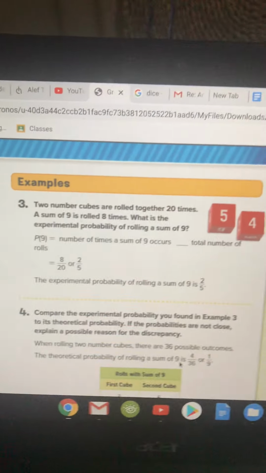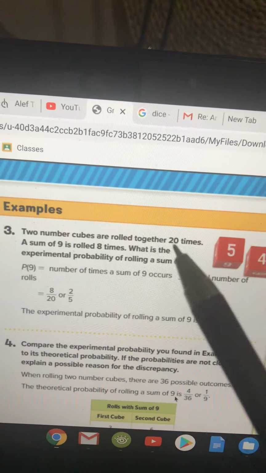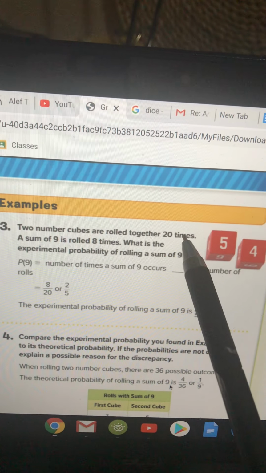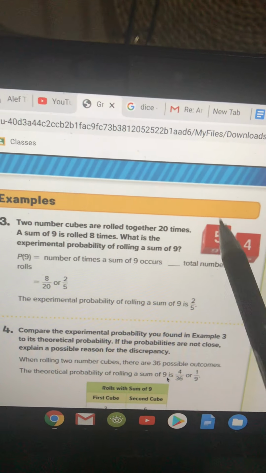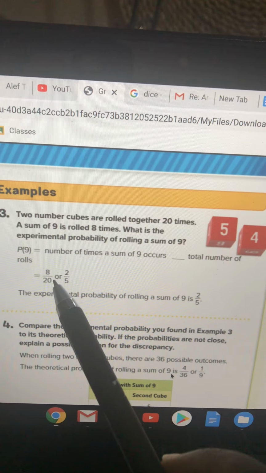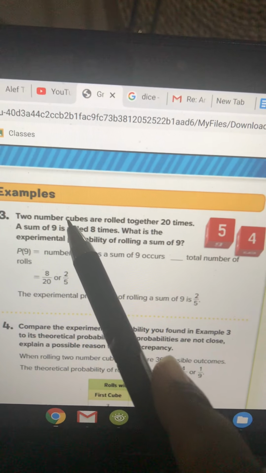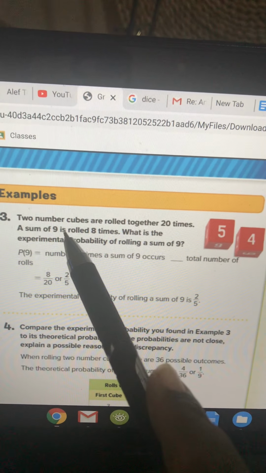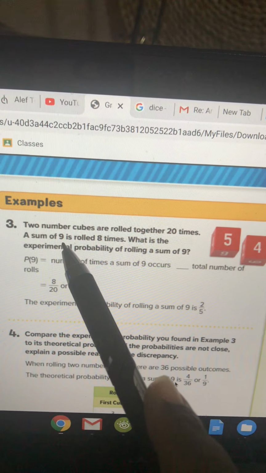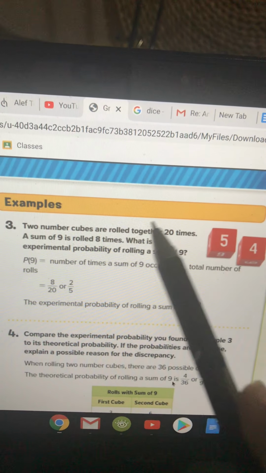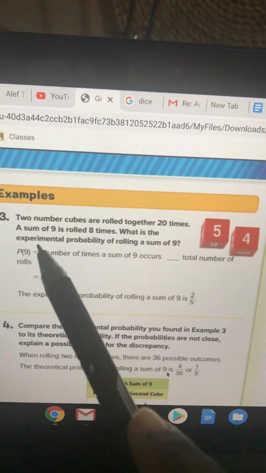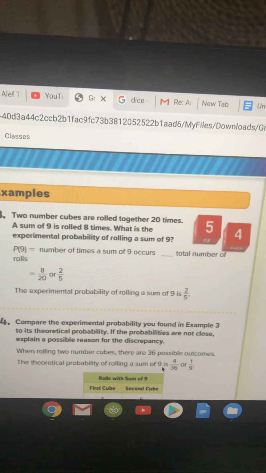All right, let's look at example 3. 2 number cubes are rolled together 20 times. So that means 20 is in your denominator. Now, a sum of 9 is rolled 8 times. What is the experimental probability for rolling a sum of 9?